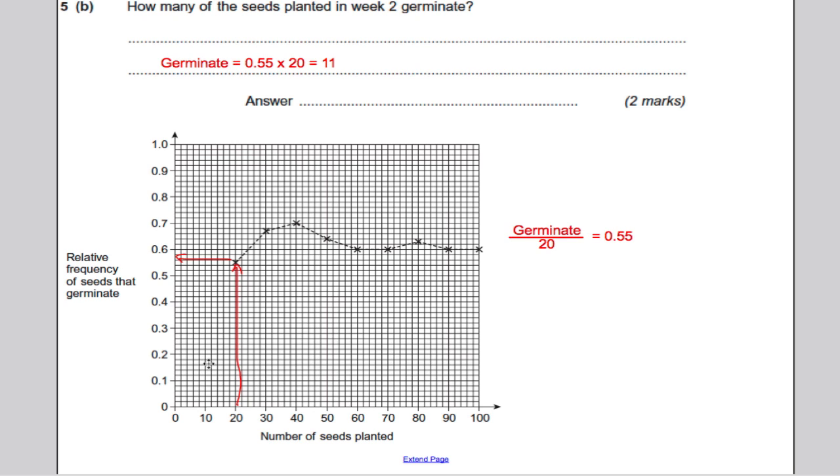But if we remember in the first week, or after 10 seeds, we had 9 that germinated. So how many of the seeds germinated in week 2? Well, we've got to do 11, because there's 11 in total now, take away the 9 that germinated in the first week, which tells us only 2 germinated in week 2.